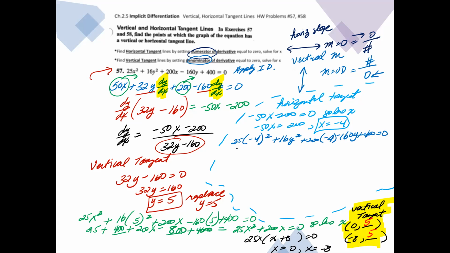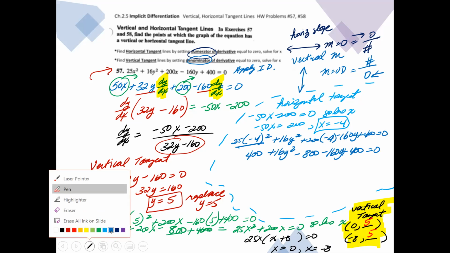Let's go ahead and simplify this. That is going to give you a 400 because negative 4 squared is 16. 16 times 25 is 400 plus 16y squared. Negative 4 times 200 is a negative 800 minus 160y plus 400 equals 0.